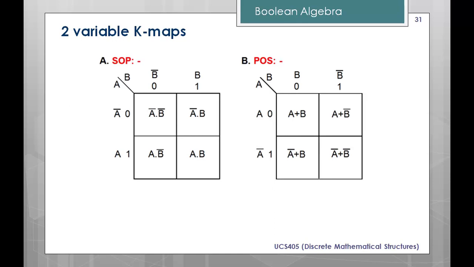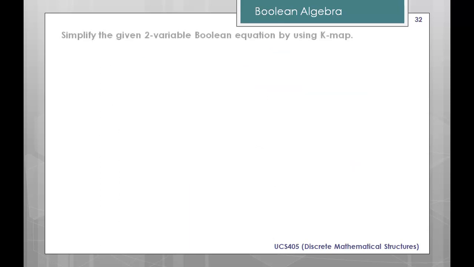Earlier we studied two things, SOP and POS, sum of products and product of sums. Sum of products is always represented in this form: A'B', A'B, AB', AB. But product of sums is always represented in this form: A plus B', A' plus B, A' plus B'. So the question may come in either form, SOP or POS, depending on the statement.